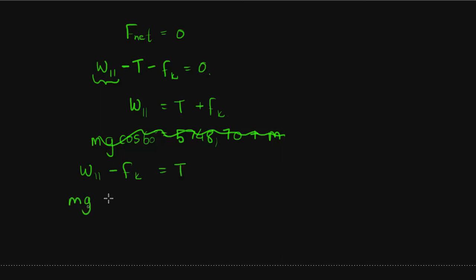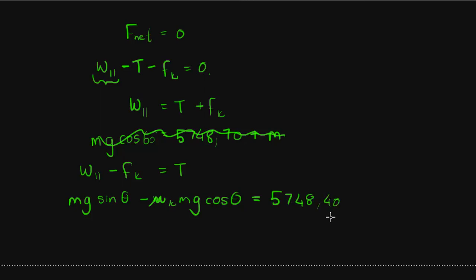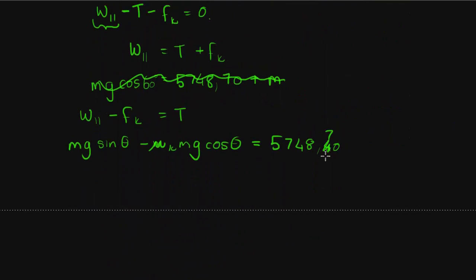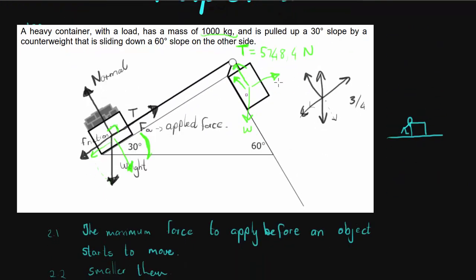So mass times gravity times sine of theta minus mu times mass times gravity times cos of theta is equal to 5748.70. Okay, and here now just substitute my values. Mass, don't put in 1,000 kilograms. This thing isn't 1,000 kilograms anymore.